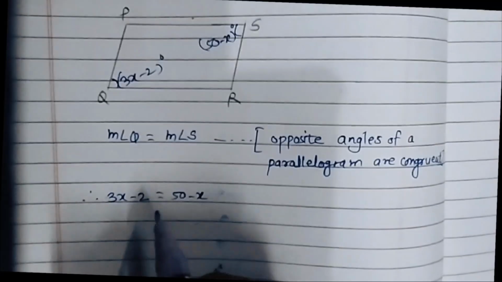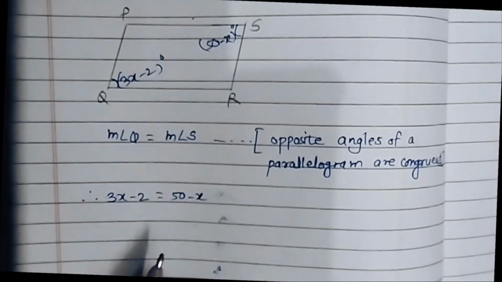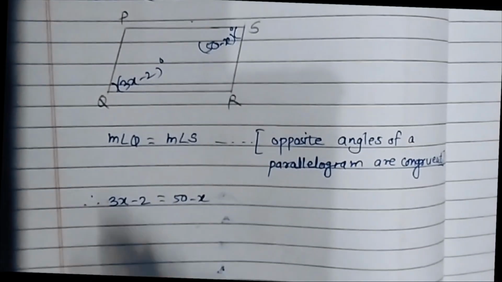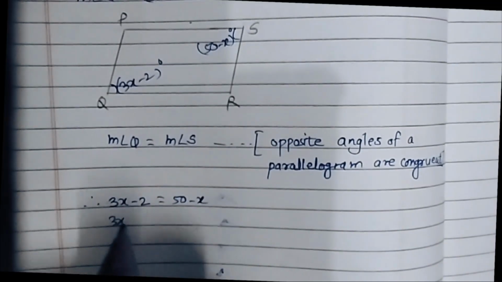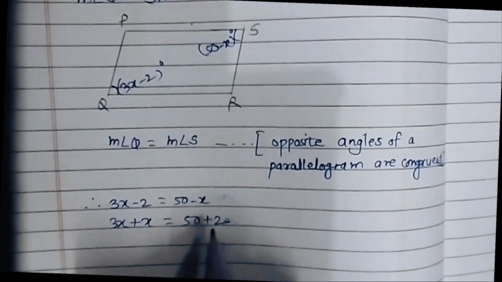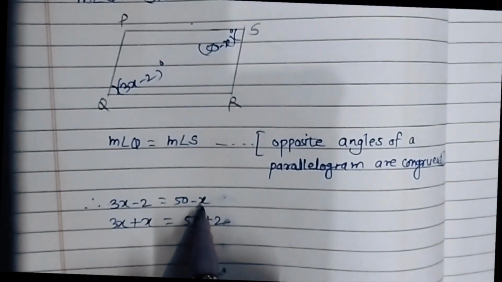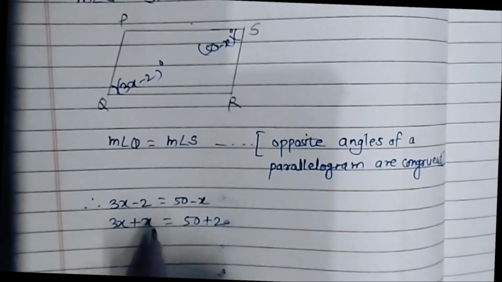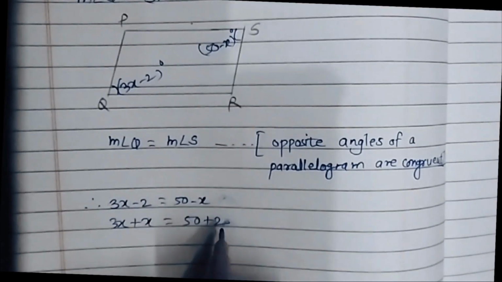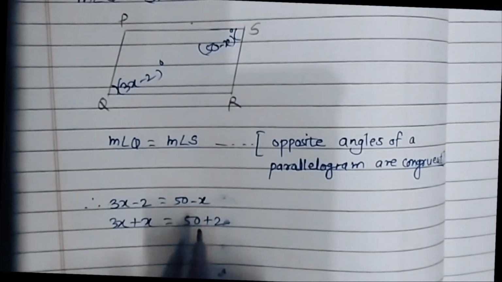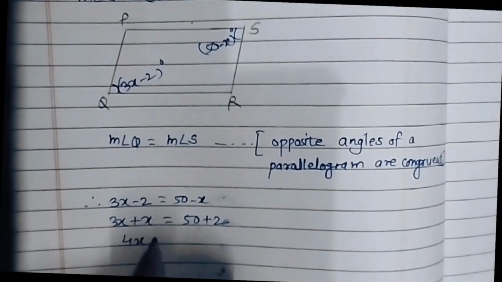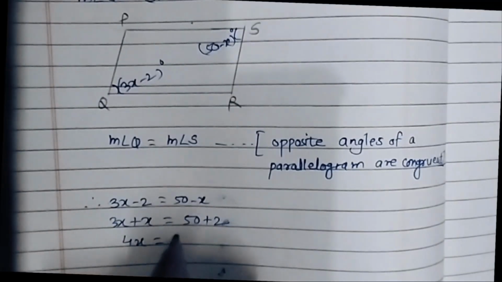Now we have to solve this equation to get the value of x. So we can write here as 3x + x is equal to 50 + 2. Here what we did: the minus x we brought to the left side so it became plus, and the minus 2 on the left side we brought to the right so it became plus 2. 3x + 1x, that is 4x, is equal to 50 + 2, that is 52.